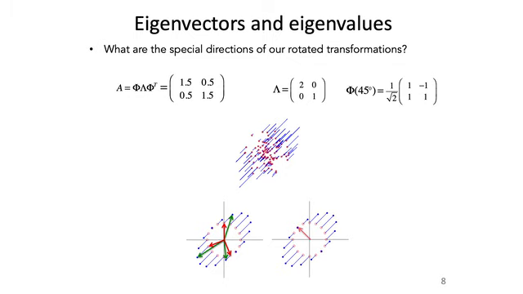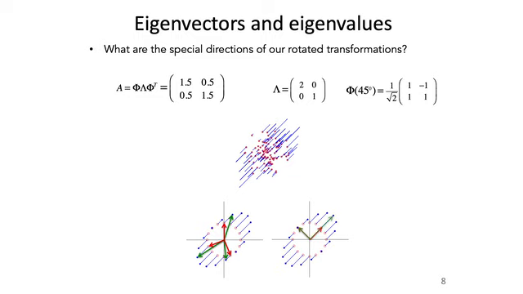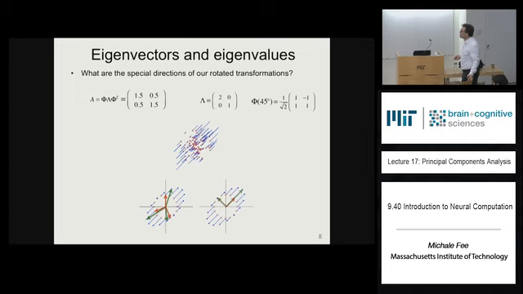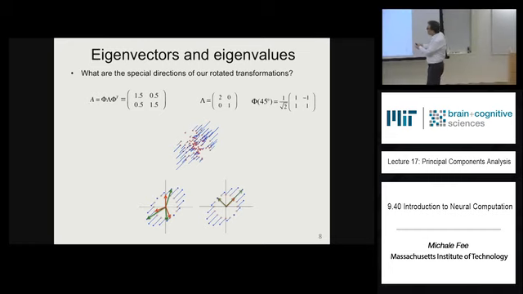Well, they're going to be these vectors right here. This vector along this 45-degree line gets transformed, but it's not rotated. It gets stretched by a factor of 1. And this vector here gets stretched. So you can see that this matrix has eigenvectors along this 45-degree axis and that 45-degree axis.